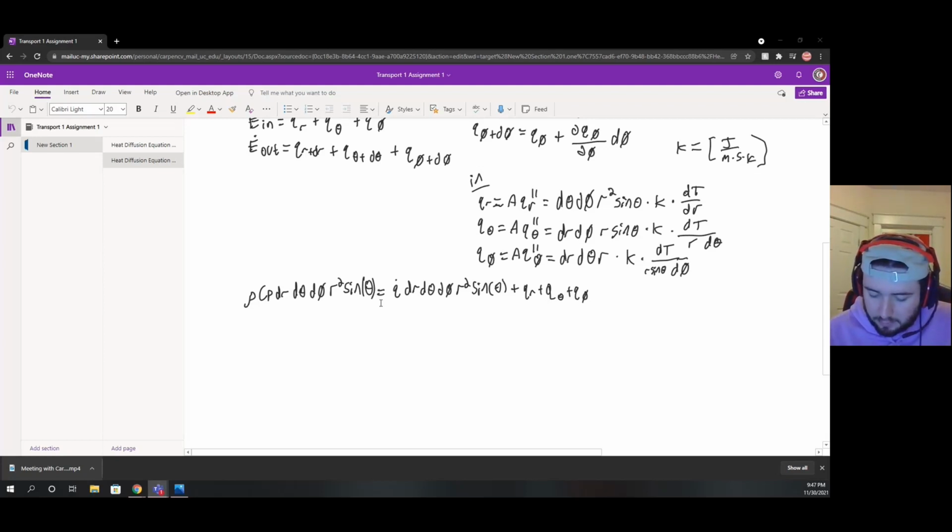And then we're going to subtract our energy out, which is minus qr minus partial derivative of qr over partial derivative of r times dr, minus q theta minus partial derivative of the heat flow of theta in terms of theta times d theta.